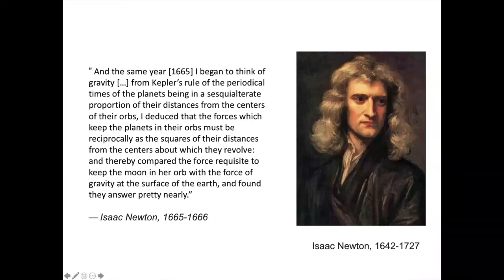Being a 1.5 proportion of their distances from the centers of their orbs, I deduced that the forces which keep the planets in their orbs must be reciprocally as the squares of their distances from the centers about which they revolve. So 1 over r squared. And thereby compared the force requisite to keep the moon in her orb with the force of gravity at the surface of the Earth, and found the answer pretty nearly.